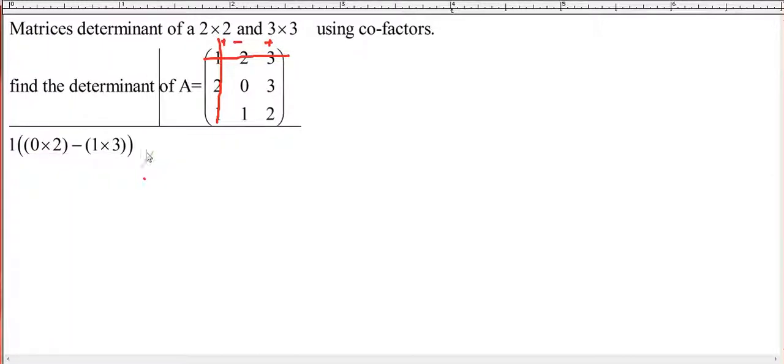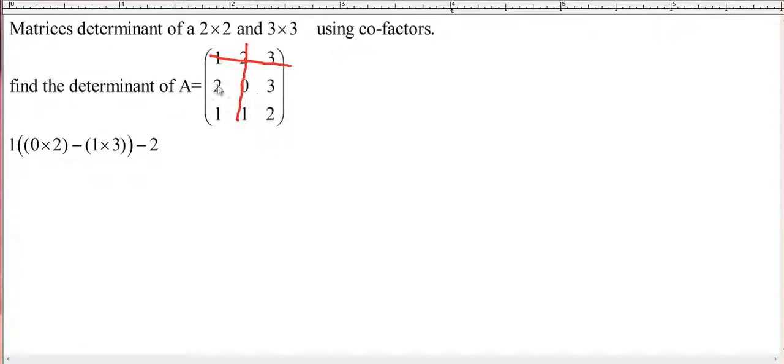Okay, and then now we want to find out what is the sign between here. So it's 2, it's minus, so we put this sign here, minus, and then we take this 2, and we clear that away, and then we now use this one. So we are now having 2 by 2 and 3 by 1. So we just multiply out using that.